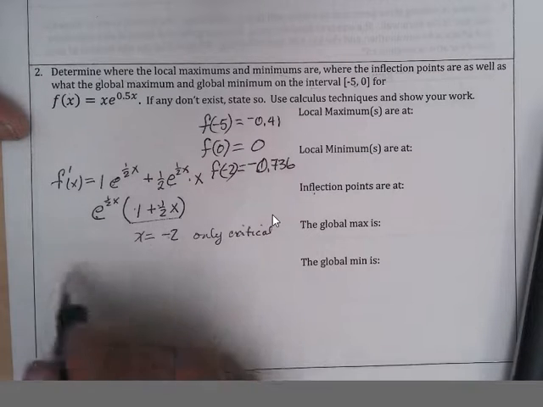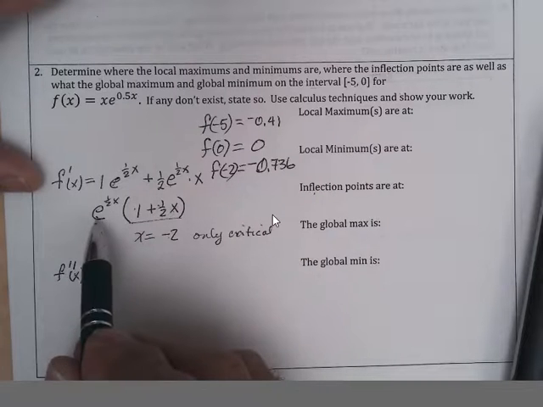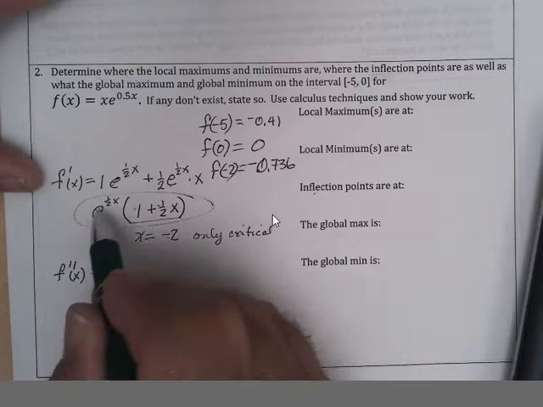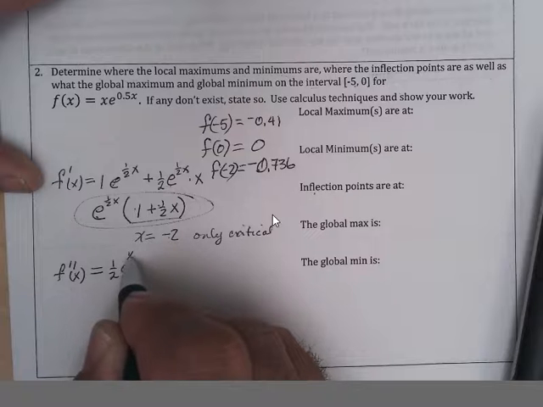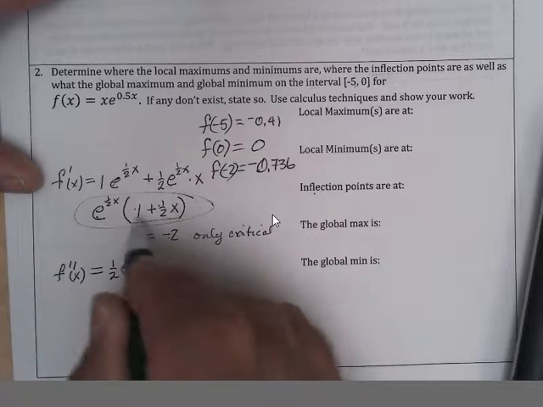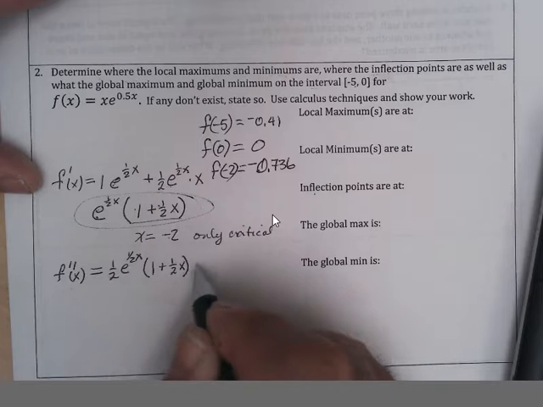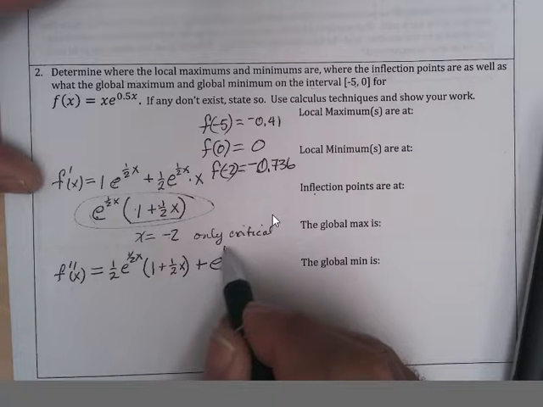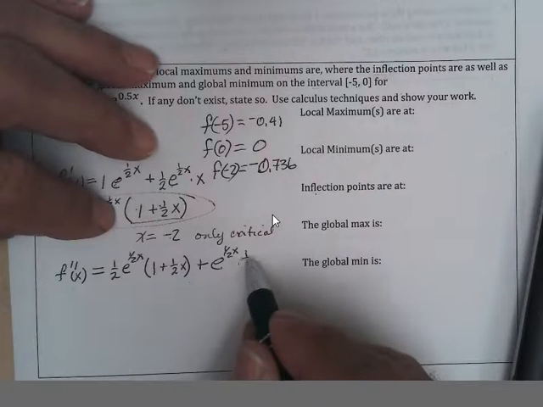Because they want inflection points, we need to take the second derivative, because that's where the curvature changes. So I'm going to use this to take the second derivative. The derivative of the first is 1/2 e to the 1/2 x times this, plus this times the derivative of this, which is 1/2.